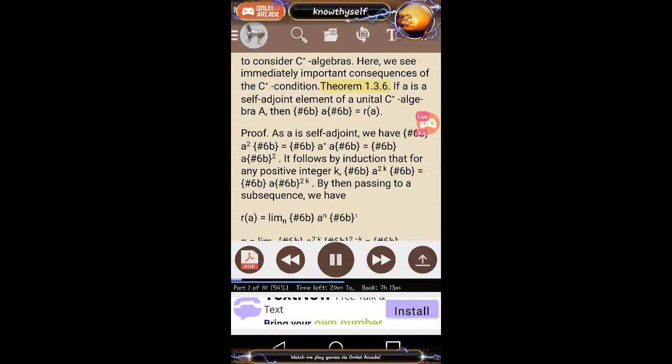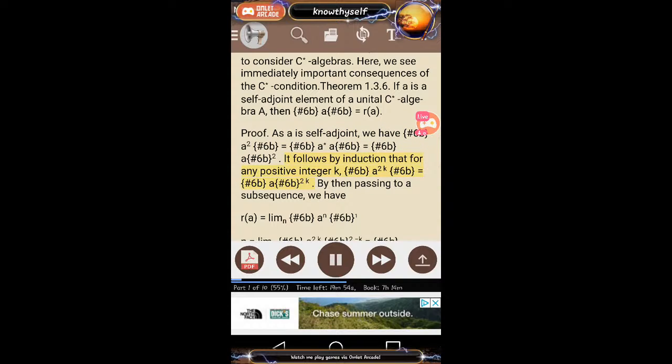Theorem 1.3.6. If A is a self-adjoint element of a unital C* algebra 𝒜, then ‖A‖ equals r(A). Proof. As A is self-adjoint, we have ‖A²‖ = ‖A*A‖ = ‖A‖².